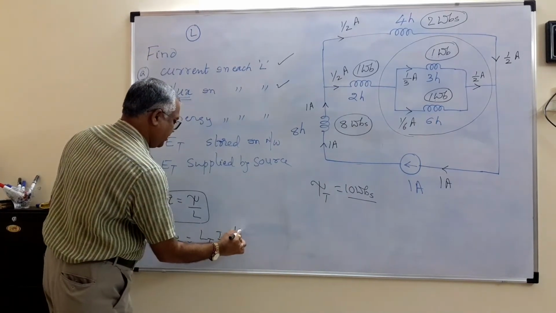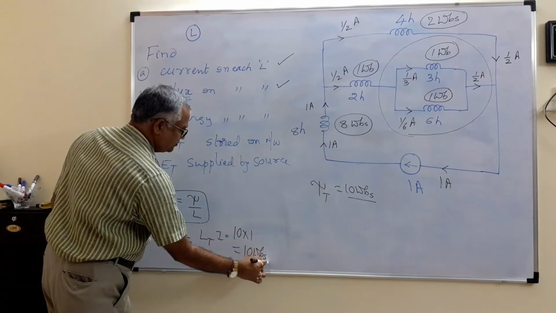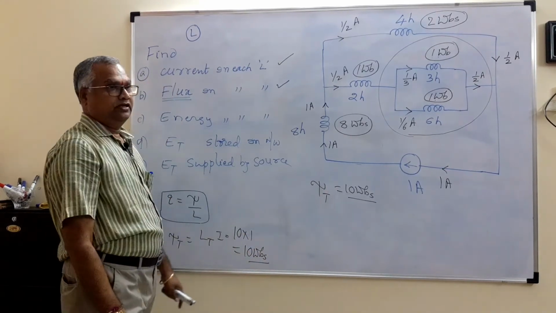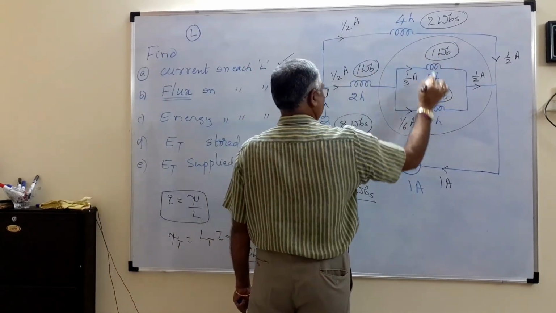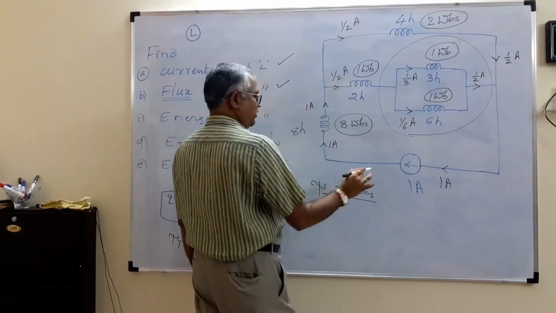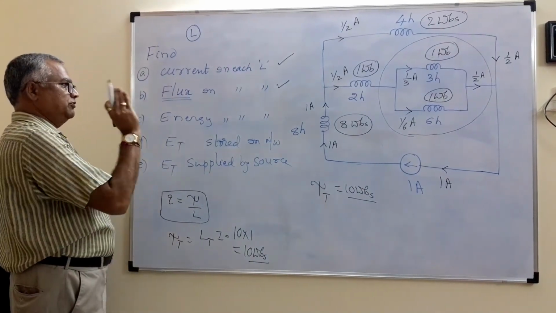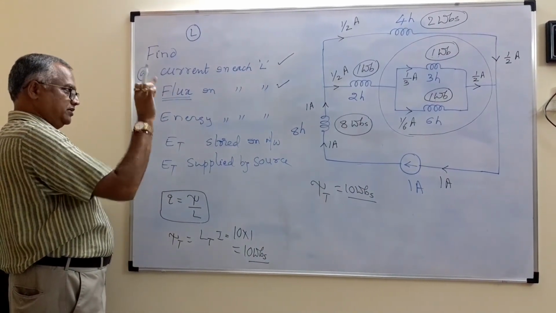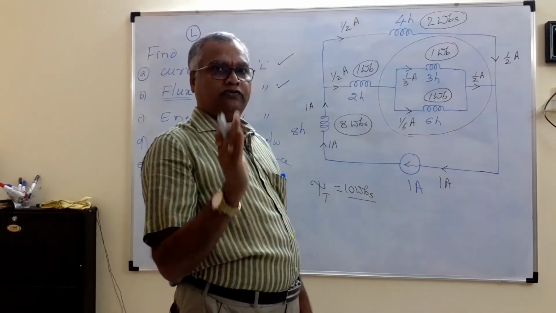L equivalent is 10, current 1, so how much do you get? 10 Webers. So therefore 10 Webers is correct. By chance if you add like this, 8 plus 1 plus 1 plus 1 plus 2, you will get a higher value which is wrong. All of you try to keep your attention, understand the network with the support of laws which are there already.